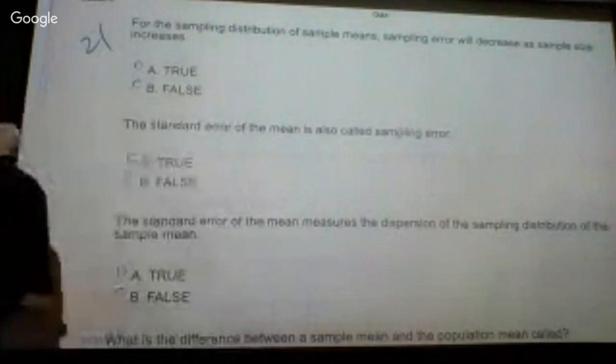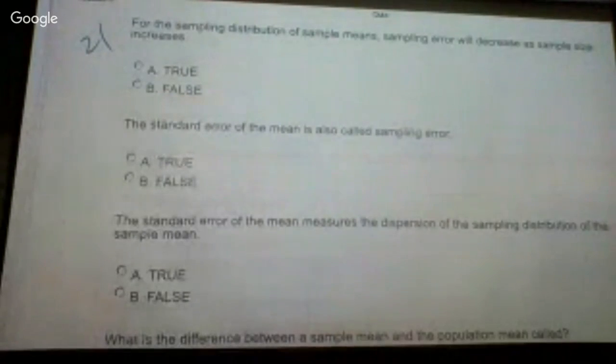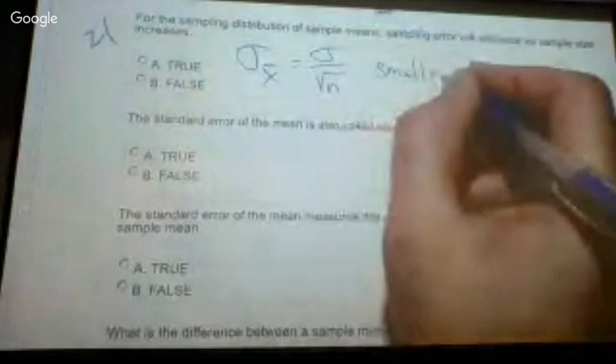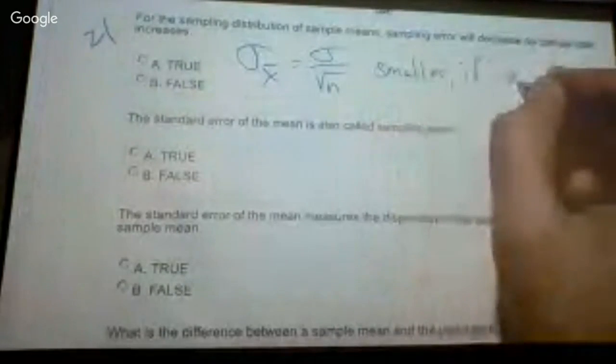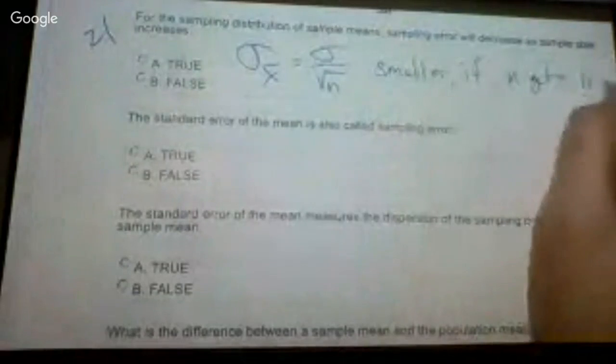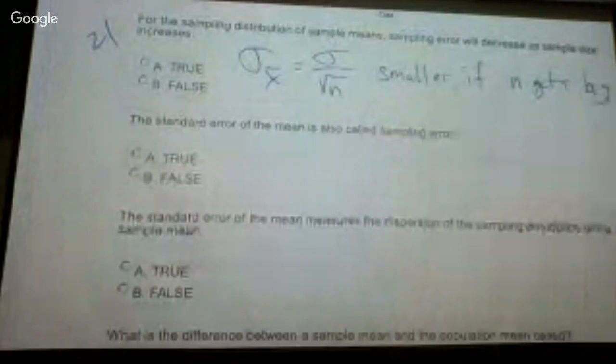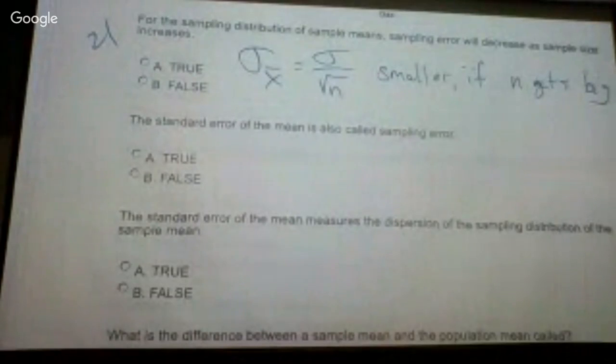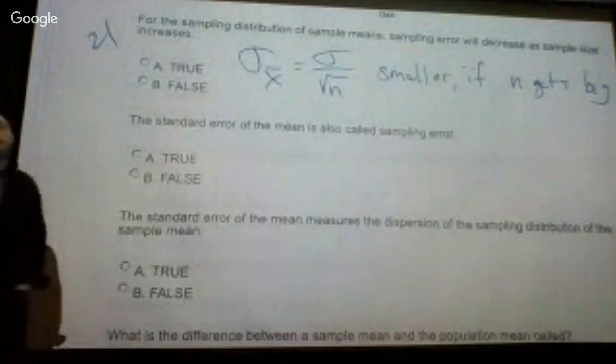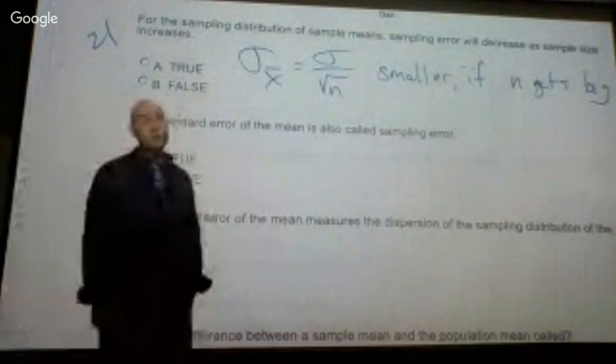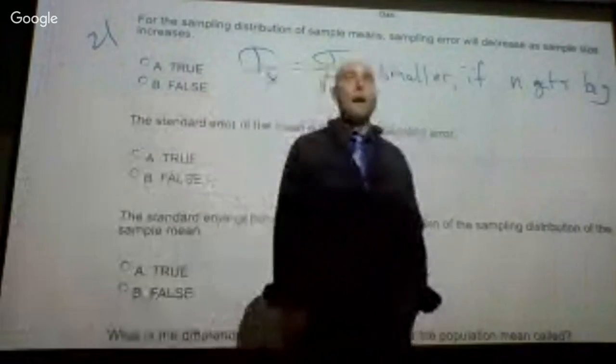We know that standard error will get smaller if n gets bigger. However, one of the reasons a bigger sample size is better than a smaller sample size is, as we saw earlier, your estimates get more precise and you do reduce sampling error. It does happen. You get better.